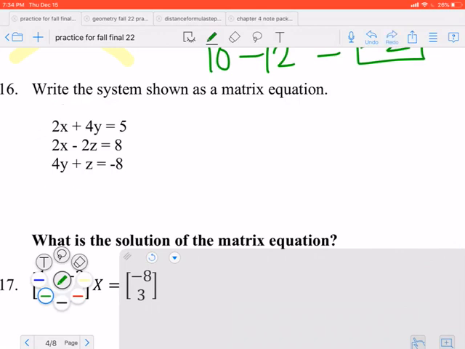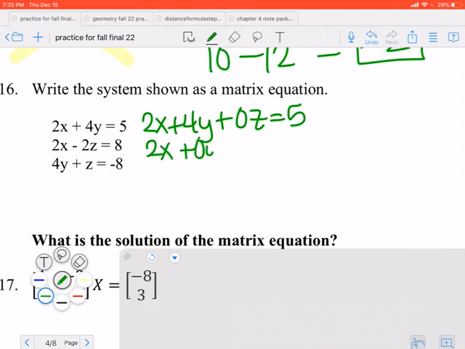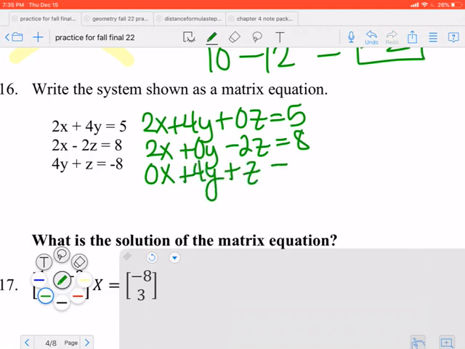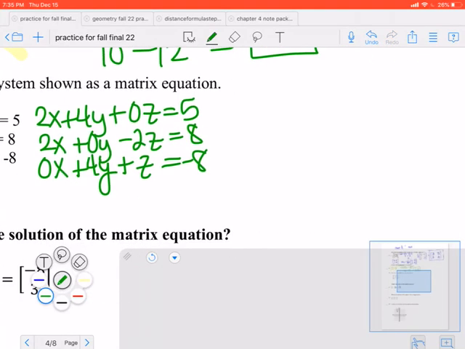So if I included the missing variable, it would be 2x plus 4y plus 0z equals 5. 2x plus 0y minus 2z equals 8. And this one's missing the x. 0x plus 4y plus z equals negative 8.